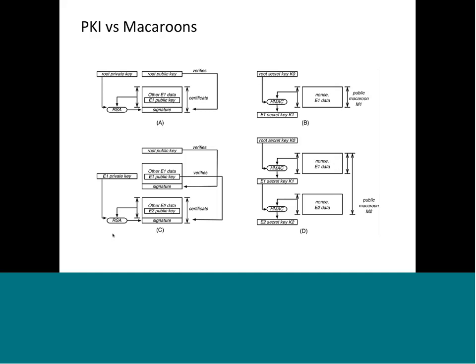As a parallel over here, the public part of the macaron is publicly available to everyone, and it is actually transmitted in plain text in our scheme. But the secret cannot really be computed without the initial root secret key in terms of a macaron. And macarons also allow the same sort of chaining that is allowed in the case of PKI.